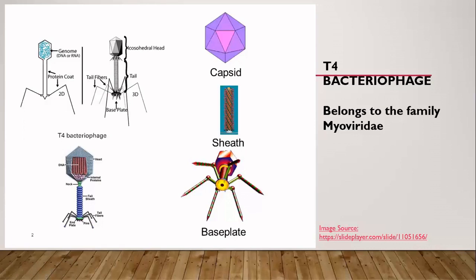Each spike has 2 parts, the proximal and the distal. The proximal part of the spike is attached to the base plate, while the distal part helps in recognizing specific receptor sites on the surface of the bacterial cell wall.